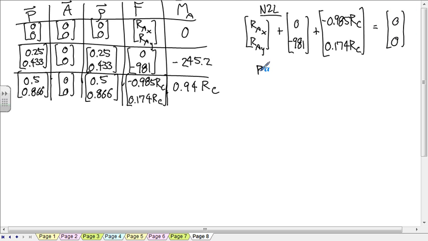And then the rotational equation says 0 minus 245.2 plus 0.94 RC is equal to 0.